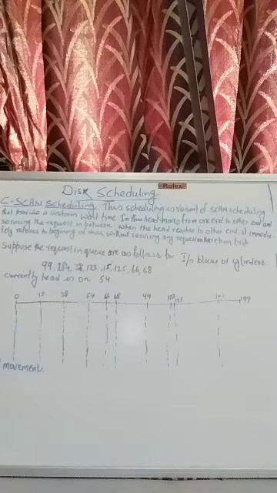This scheduling is a variant of scan scheduling that provides a uniform wait time. In this, the head moves from one end to the other end, servicing all the requests in between.